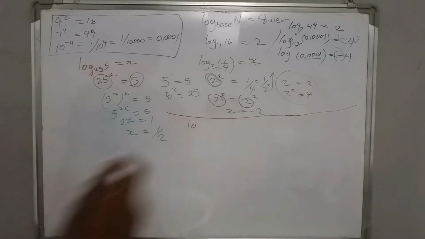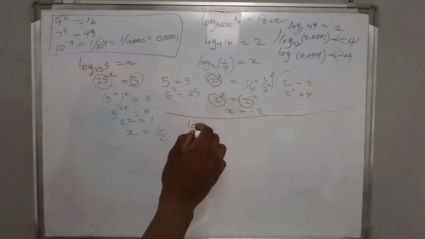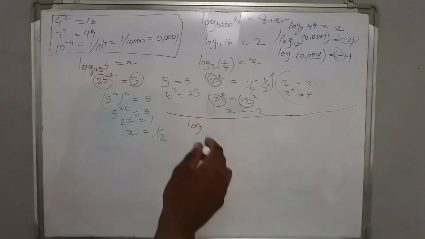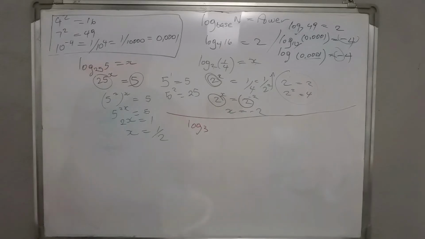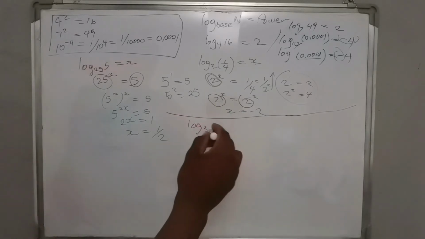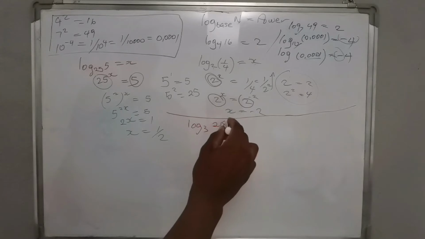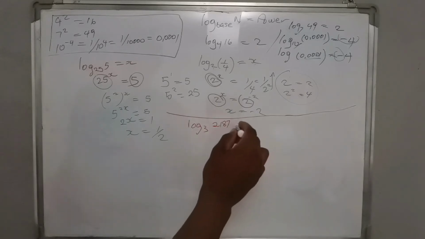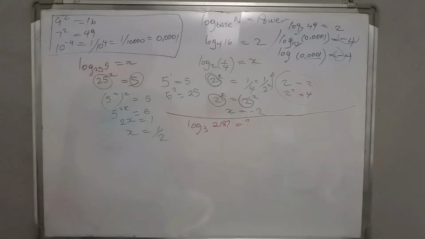Okay, let's say we were given log to the base 3 this time, and we put a big number like 2187. Then we are asked to solve this.